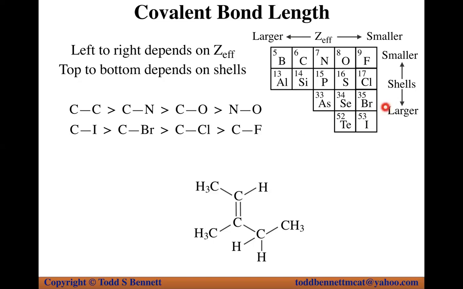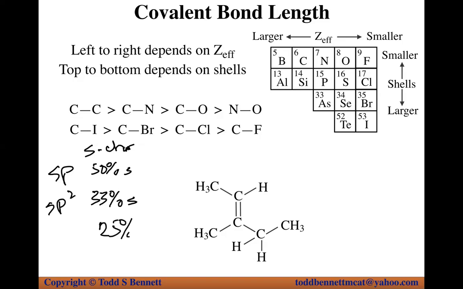So there's the actual size of the elements, but in a lot of cases, we're going to be dealing with molecules that only have carbon and hydrogen. And that's when we have to get into some of the rules in terms of hybridization. If you recall, if you have more s character, 50% s was sp, 33% s was sp2, and 25% s was sp3.